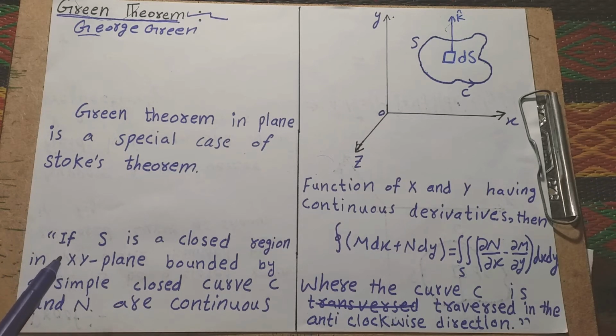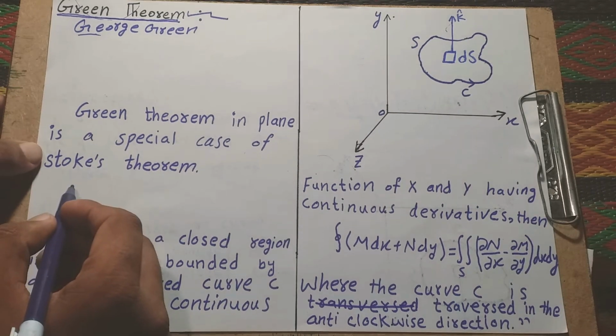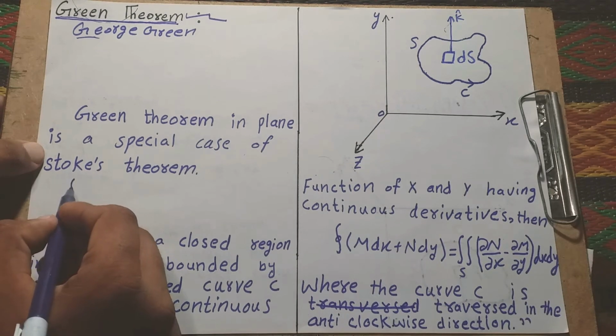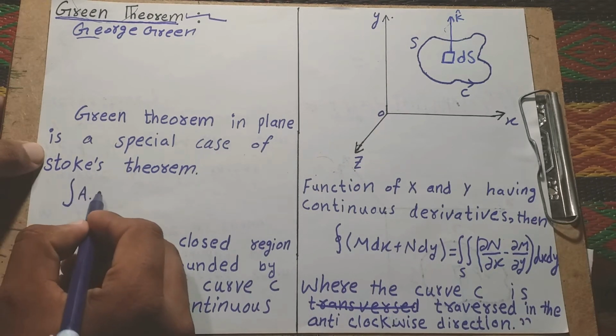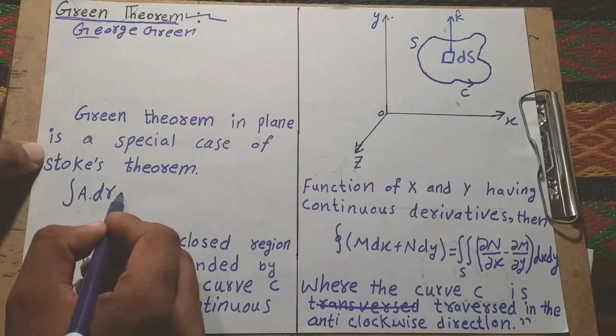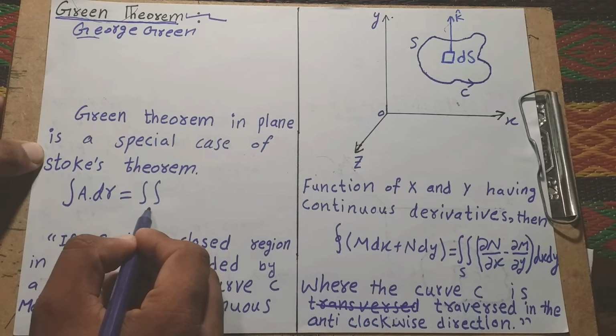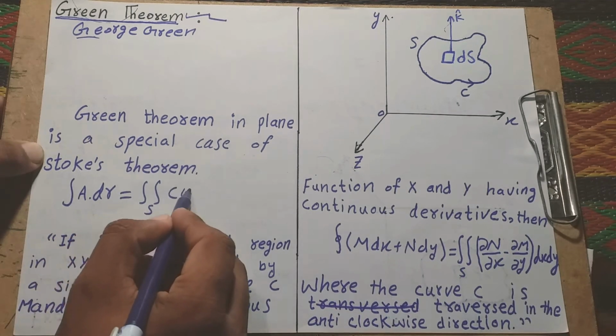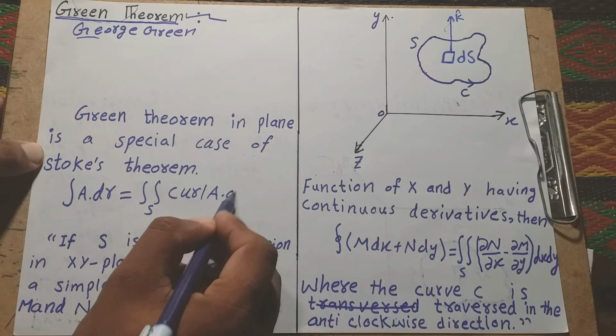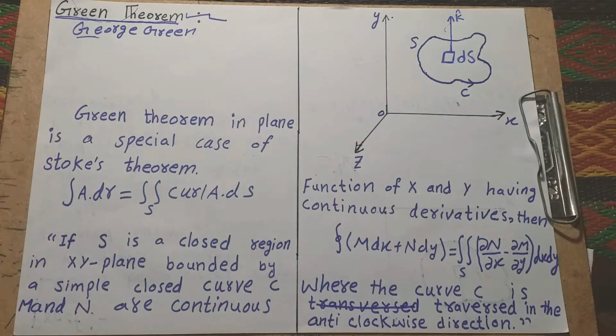First, let me introduce what Stokes' theorem is. Stokes' theorem gives a relation between line integrals and surface integrals. This is a line integral and this is a surface integral. It means we can also prove Green's theorem with the help of Stokes' theorem.